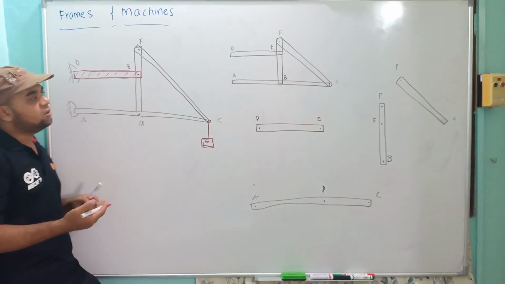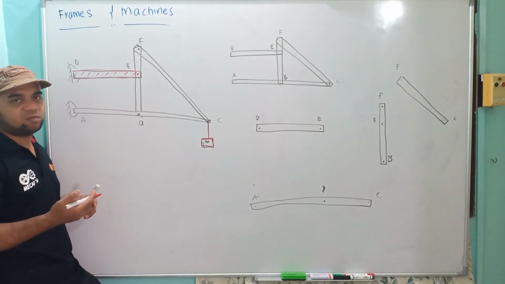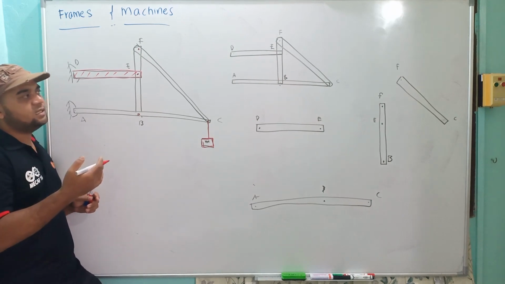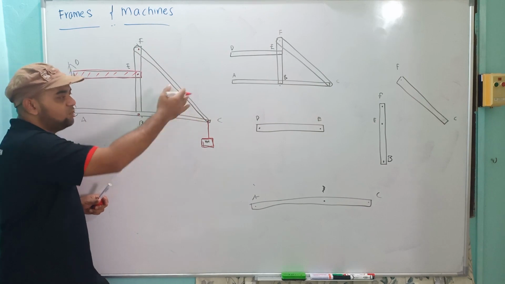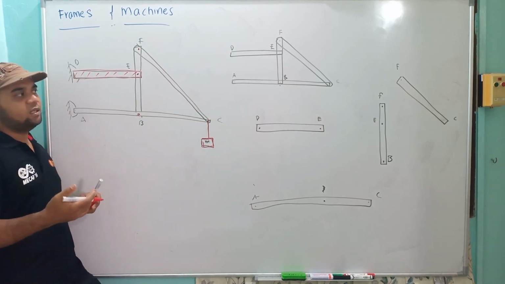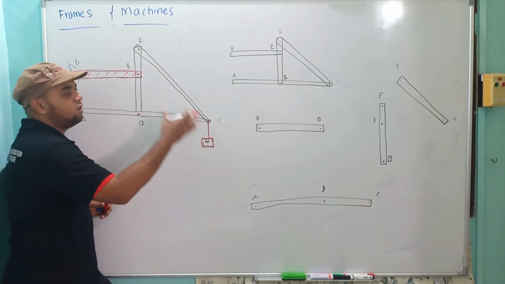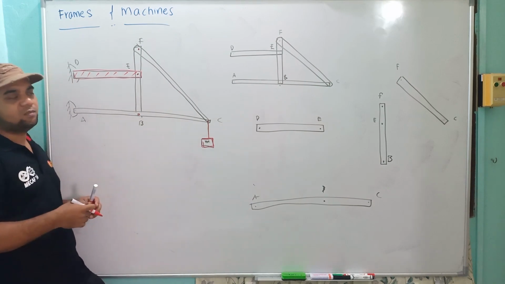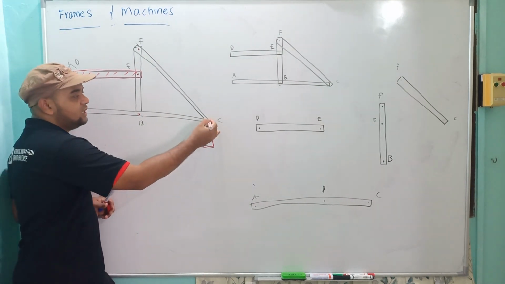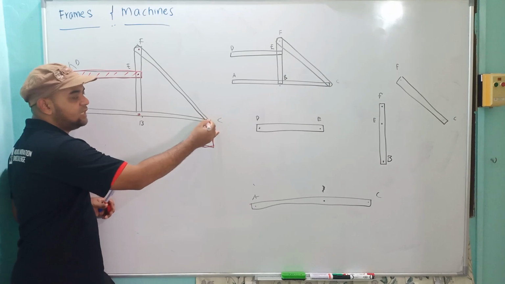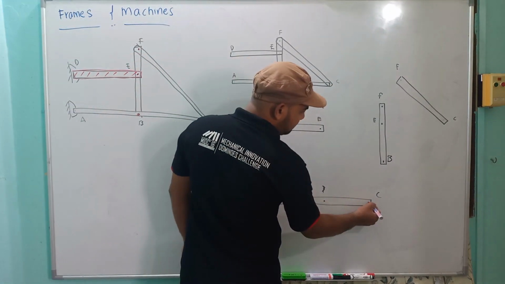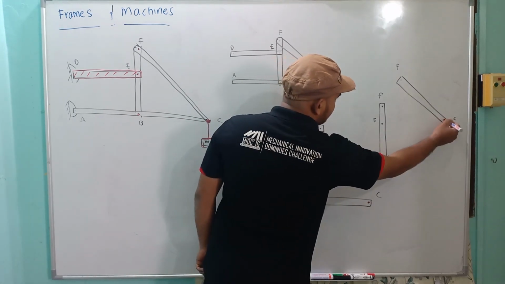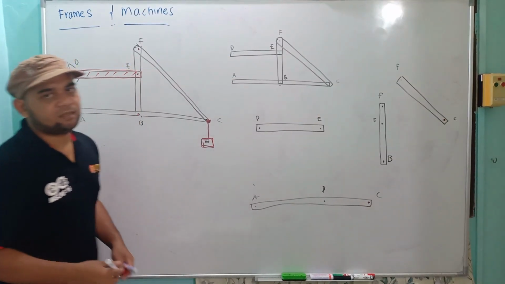So it cannot be a 2 force member, but we can make this component a 2 force member by putting the mass on a specific point, because point C is shared by 2 components, here and also this C.